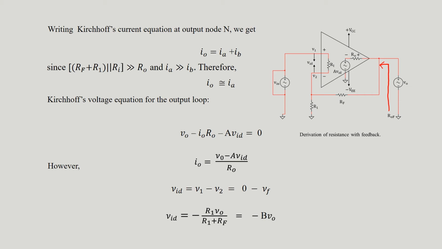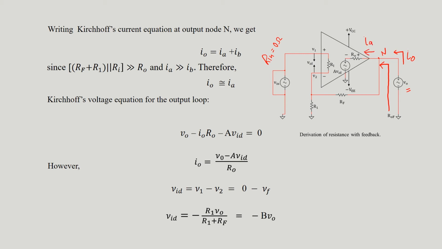Now we will apply output voltage V naught here and short circuit the input voltage Vin. This will make Rin equal to 0 ohm. So we have to write the Kirchhoff current equation at this node N, and we can see that there is a current I naught entering from this side, and this is being divided into two currents.